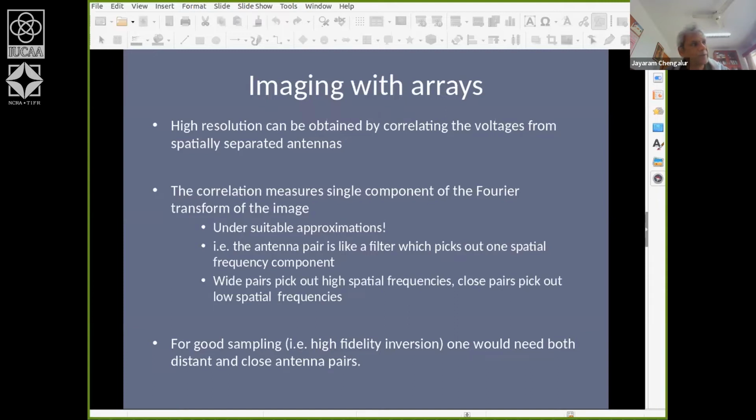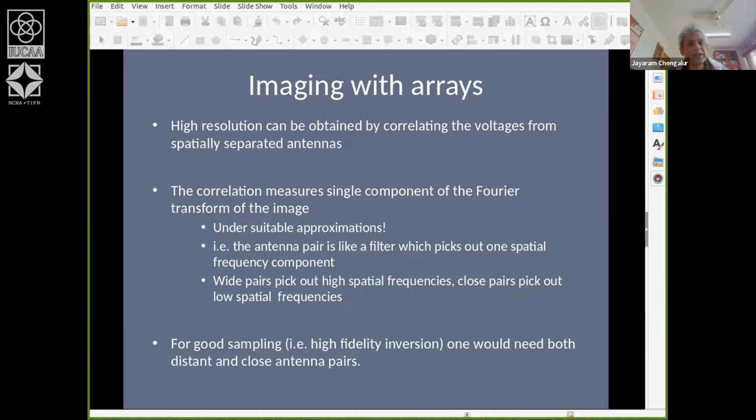For those of you who haven't studied Fourier transforms, I'll just mention that a consequence of that integral relationship that you saw was that if my antenna pairs are close together, it's sensitive to a very long wavelength oscillation on the sky. Whereas if the antenna pairs are very far apart, it is sensitive to a very short wavelength oscillation on the sky.